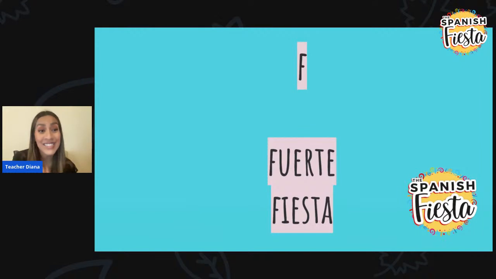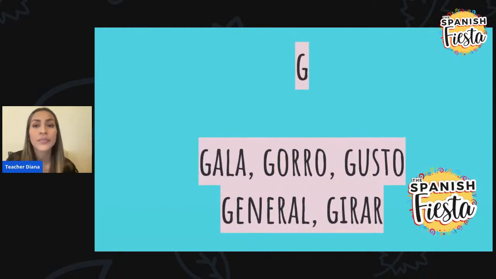So it's not as deep as it is in English. Letter G. Ok, la G podría sonar como suena la H in English, okay? It could sound as an H in English, a little bit stronger, okay? But it depends.